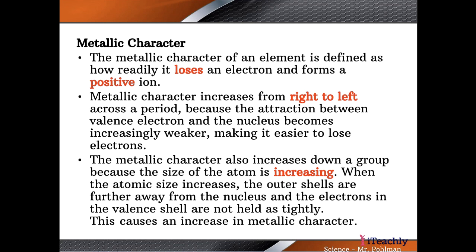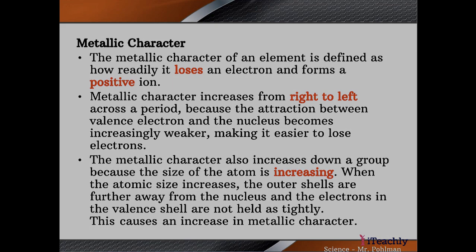From right to left, the metallic characteristic is going to increase. The more loosely those electrons are held, the more metallic you're looking at. And as you move down the periodic table, the more metallic the elements become, because you have larger radii, so electrons are more loosely held. So the most metallic element on the periodic table would be francium.